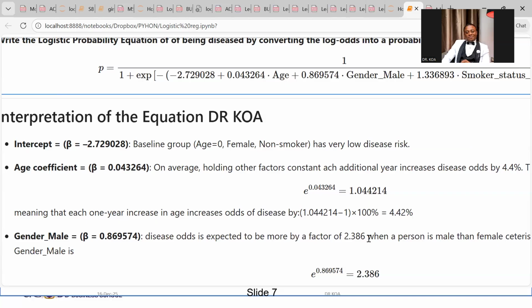In other words, males are more likely to have the disease, whichever disease it is, than females. Basically, that's what it's trying to say.